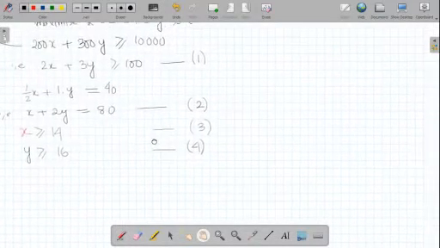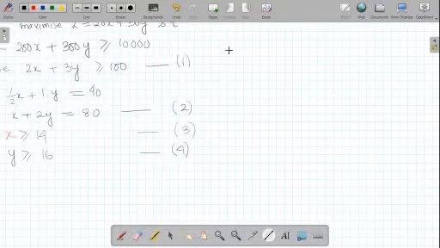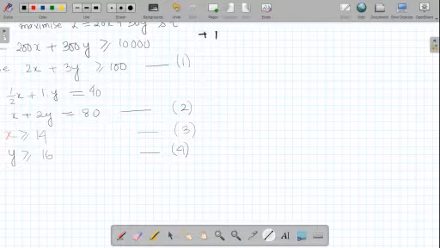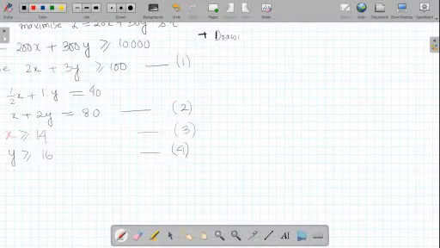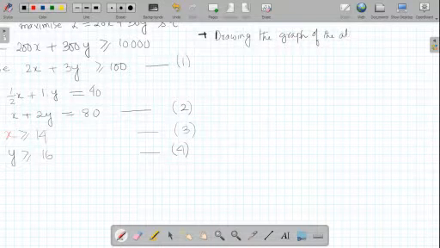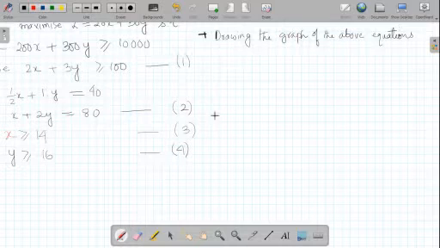Now let's try to draw the graph here. So you can write here drawing the graph of the above equations, right?